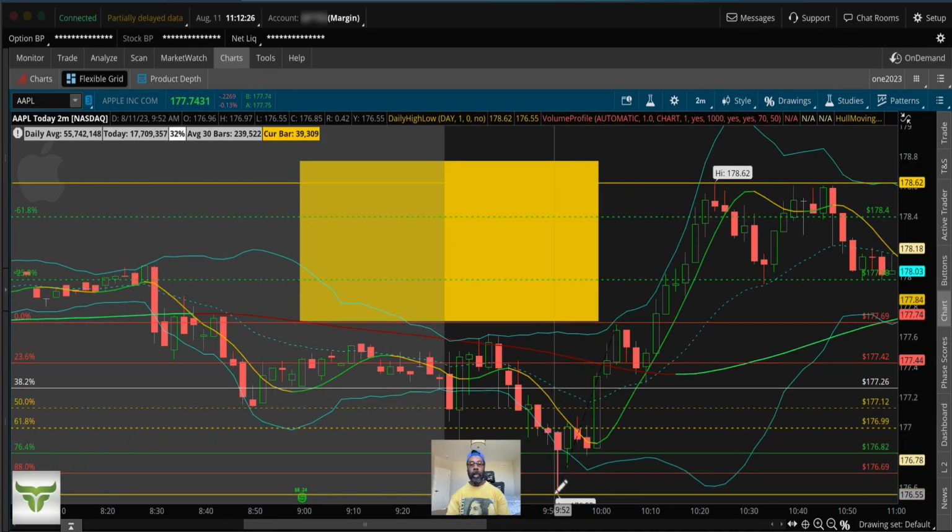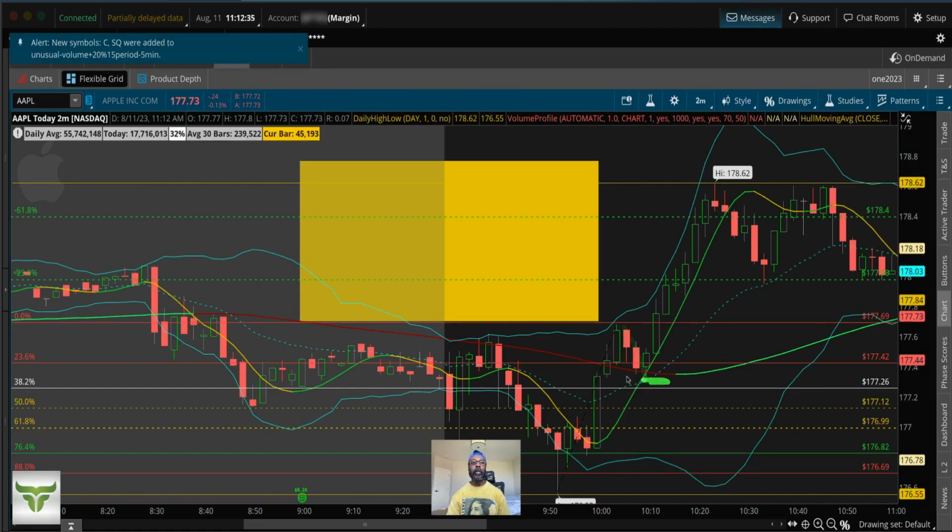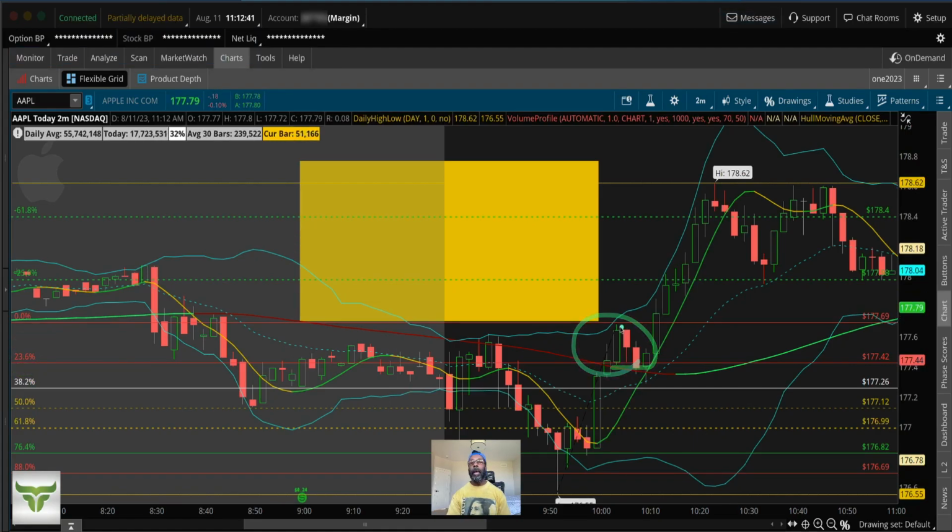So from the reactive low right there to the reactive high right there, what's that pullback? That pullback is, well, 23.6%. How do I know? I can look at the candle configuration right here, and I can look at support and resistance.